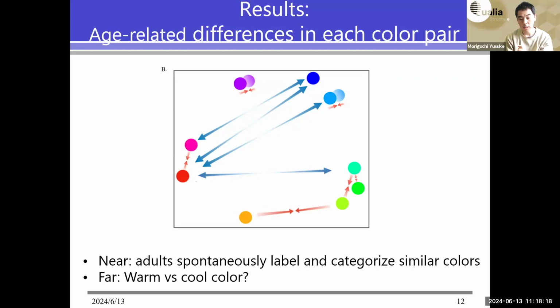But children do not have such a distinction. So we interpret the result in terms of the warm and cool color distinction in adults. But children do not have such categories, so they relatively rated them as similar. But if you have any good interpretation for this result, please let me know.